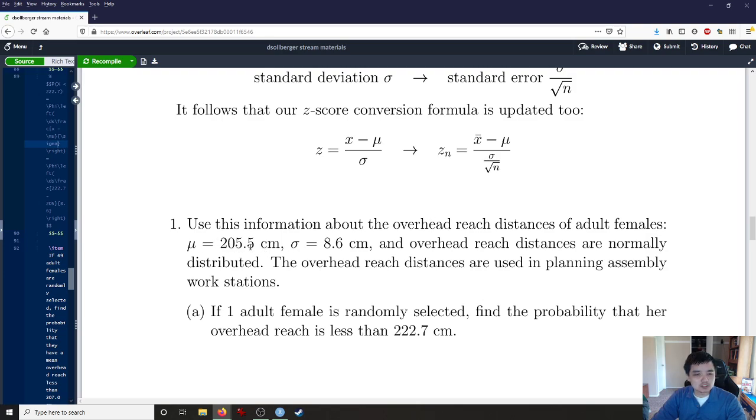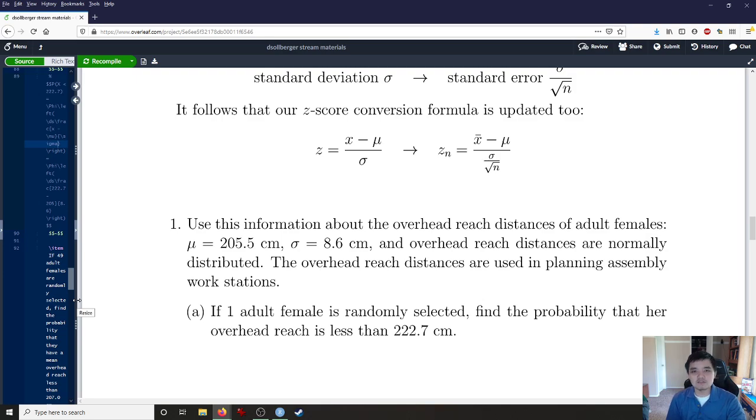The average was 205.5 centimeters with a standard deviation of 8.6 centimeters. And the overhead reach distances are normally distributed. The overhead reach distances are used in planning assembly workstations. That is for people who are working in offices and they have shelves or storage above their desk.